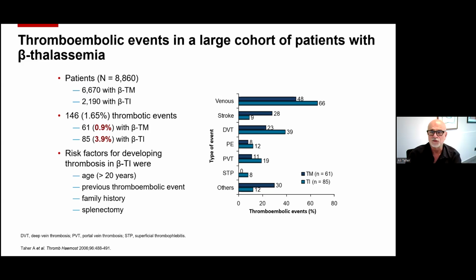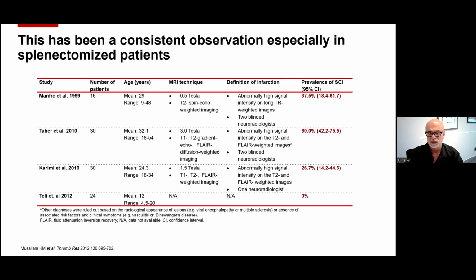Specifically, this is important for us as adult hematologists, where we are consulted regularly on these patients prior to a procedure, splenectomy, during pregnancy, if they can receive oral contraceptives, if they have recurrent miscarriages, if there is a severe illness and the patients have prolonged immobility. So these patients are 4 times more at risk of clotting than the TDT patients.